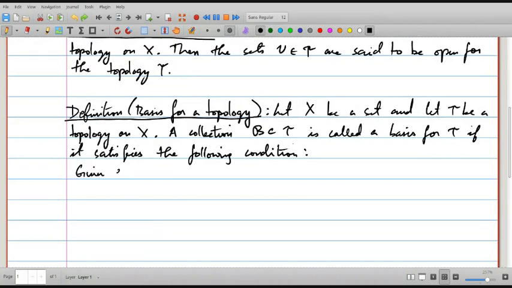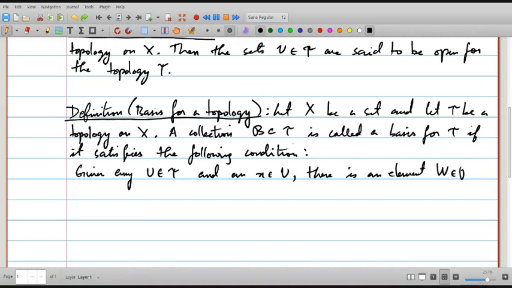Given any open set U in tau and an element x in U, there is an element W in the basis such that x belongs to W and W is contained in U.